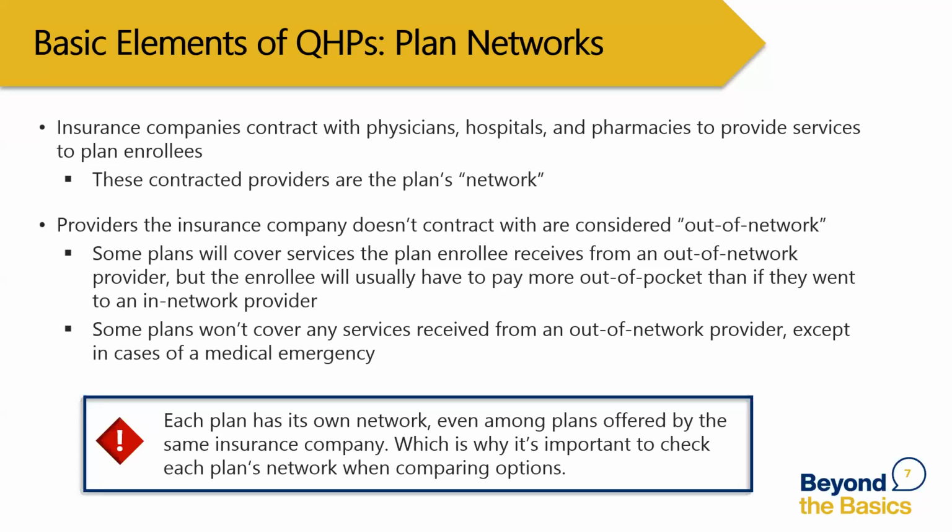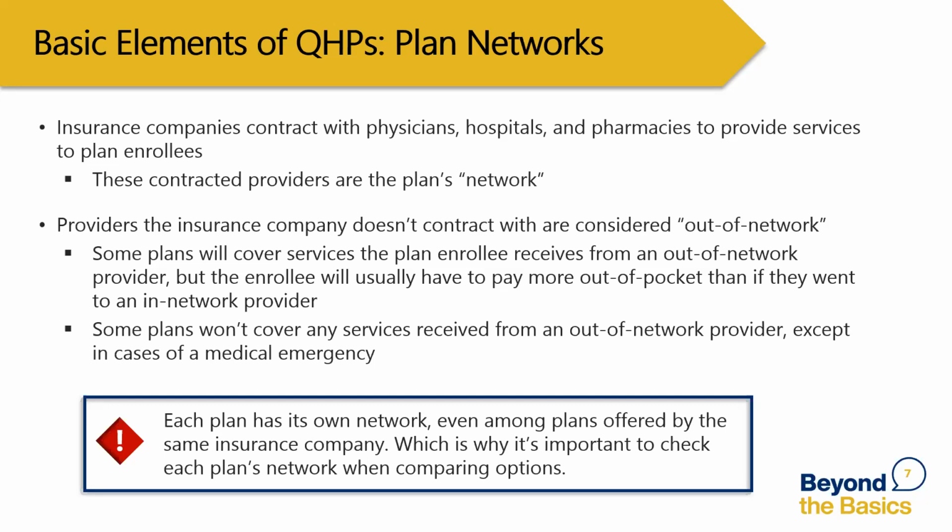But in those instances, the enrollee will usually have to pay more out of pocket than they would if they went to an in-network provider. While other types of plans won't cover any services received from an out-of-network provider, which means that the enrollee will be responsible for 100% of the costs for services they receive from an out-of-network provider.